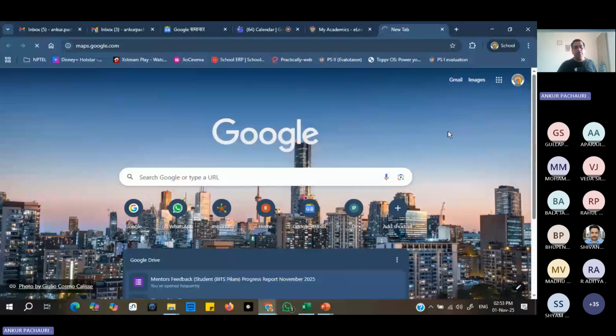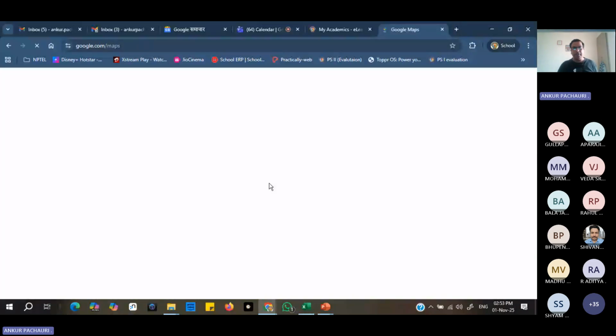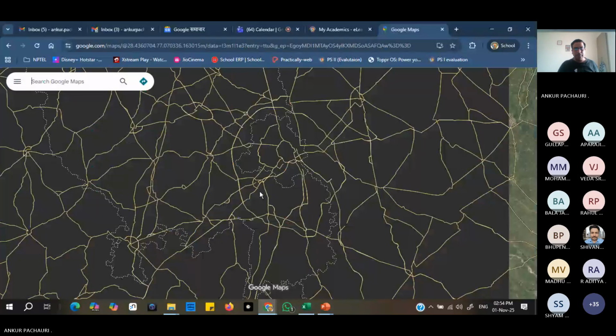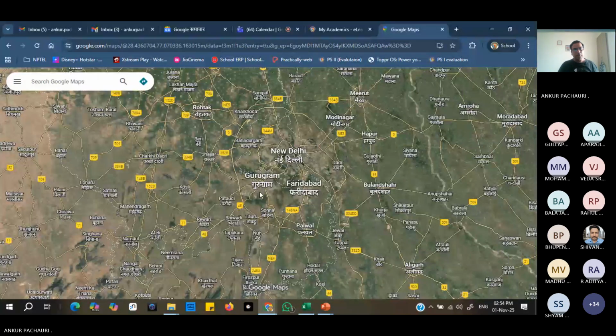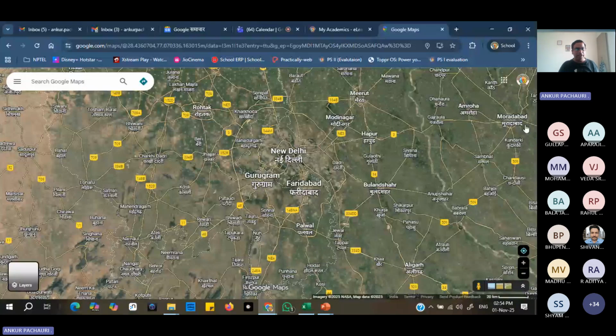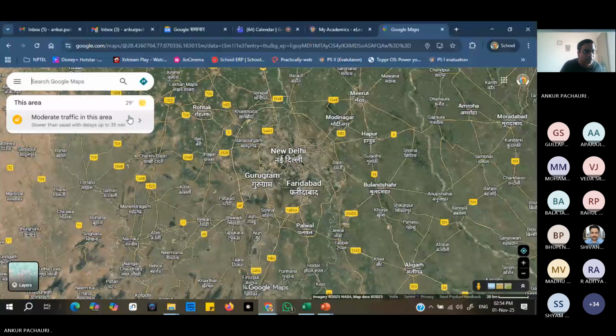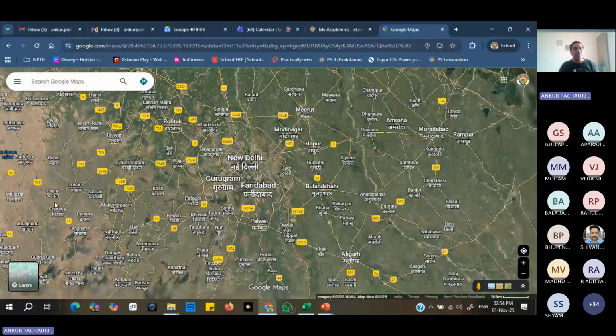Suppose I'm at a particular point, so right from the area of Moradabad to Shadipur, and Pilani, it is in Rajasthan.